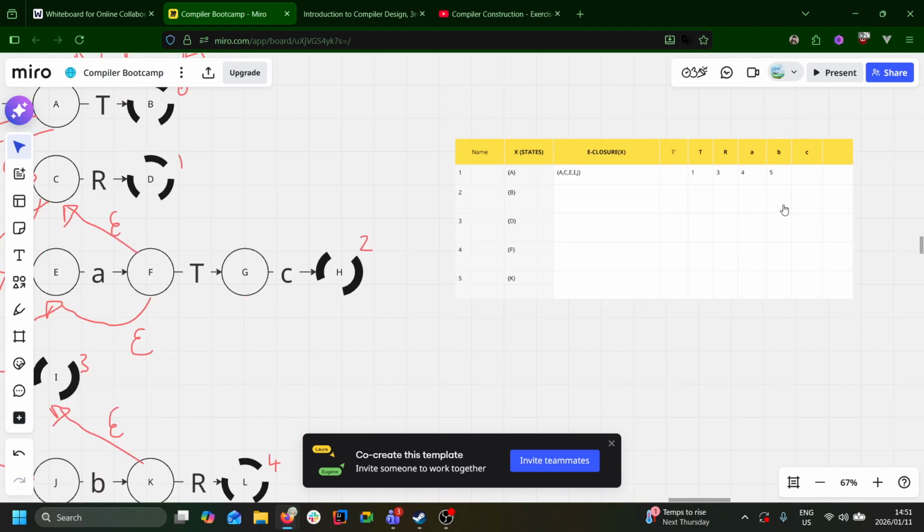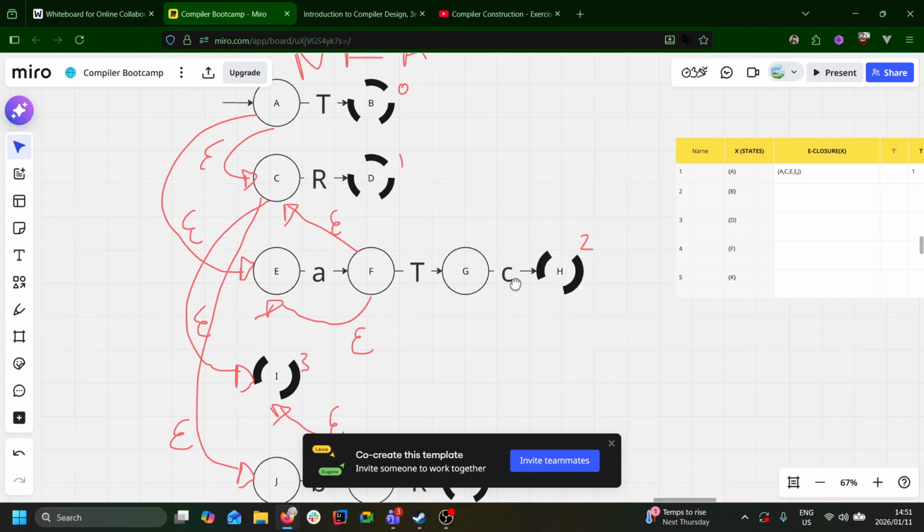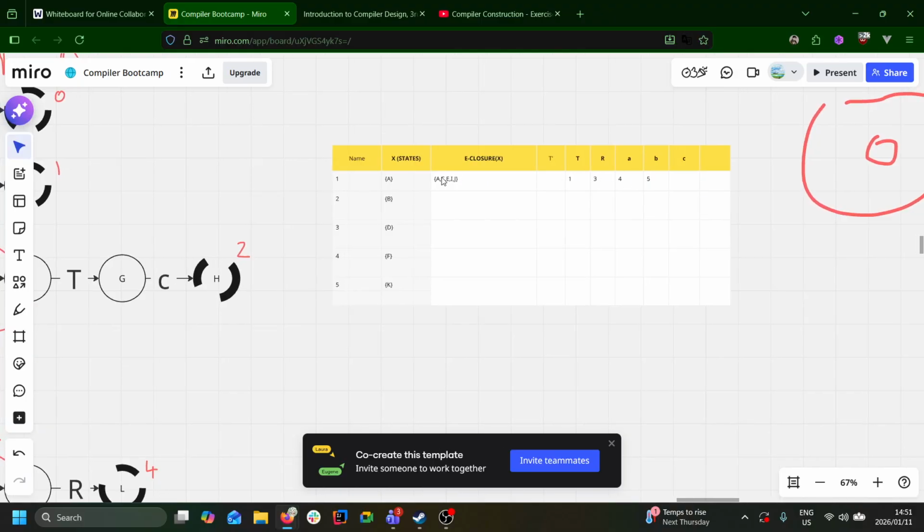And is there another transition for C? Doesn't look like there's a transition with a C anywhere. So yeah, now that is our first row, and those are our first transitions over there. So you just repeat this for every row. This is the final step of doing the DFA.